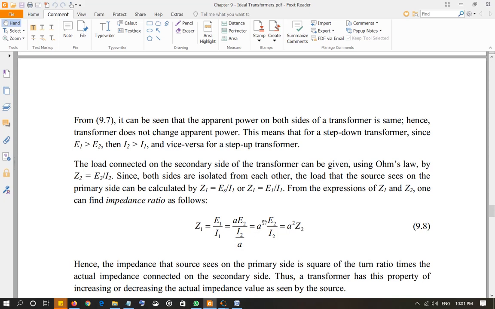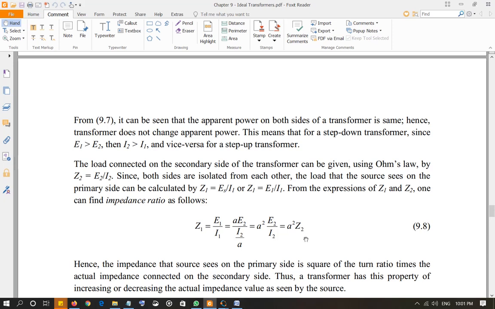So we get A squared, the turn ratio squared, times E2 over I2, and E2 over I2 is the impedance connected on the secondary side, or the load on the secondary side. So the load that the source sees is equal to A squared, the turn ratio squared, times the actual load connected on the secondary side.